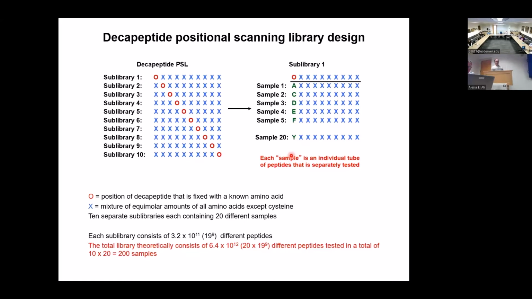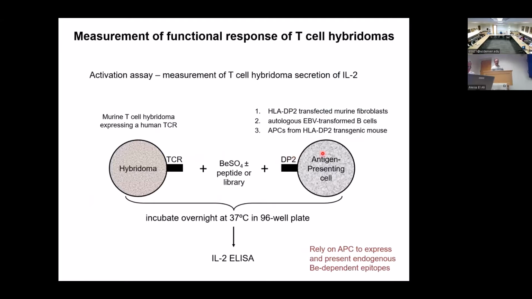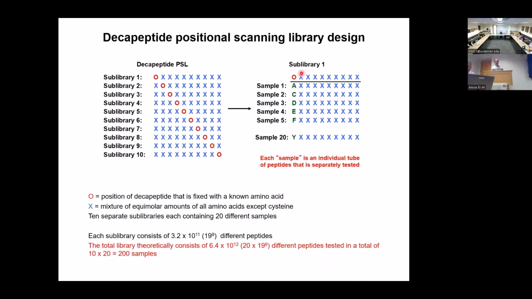Then when you assay the hybridoma, and this is our standard assay, you can see if that T cell receptor prefers that amino acid at that particular position. And if it does, it will respond and make IL-2.